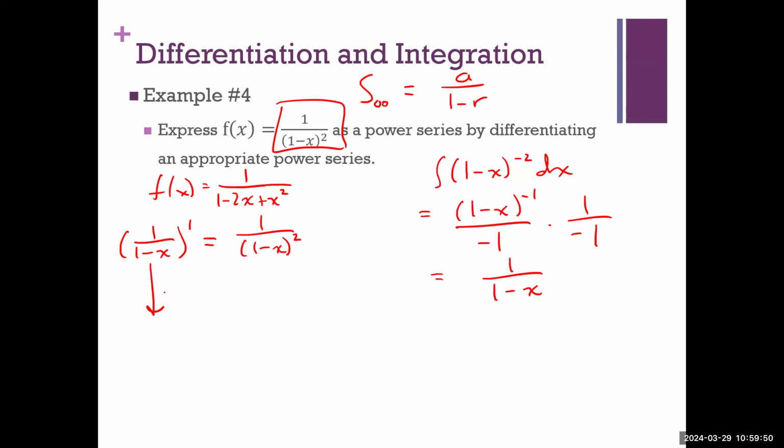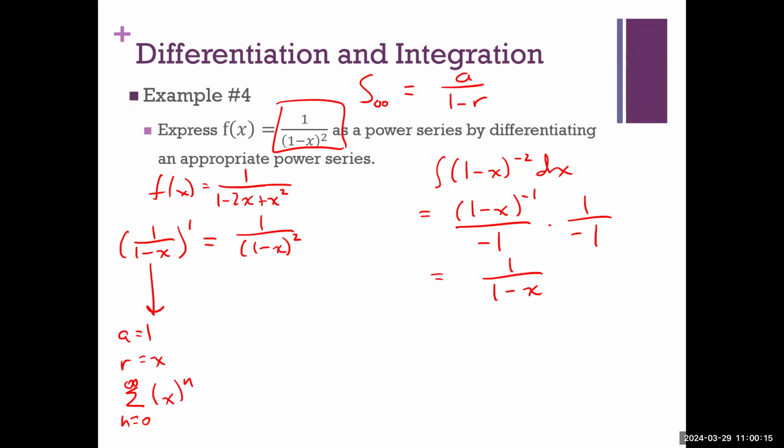Not only can we, I think we've done it a few times now, right? Is 1 over 1 minus x a geometric series? What's its first term? What's its common ratio? Which means I think we can write it as the sum from n equals 0 to infinity of x to the n.